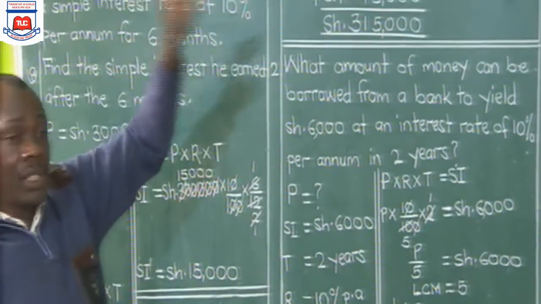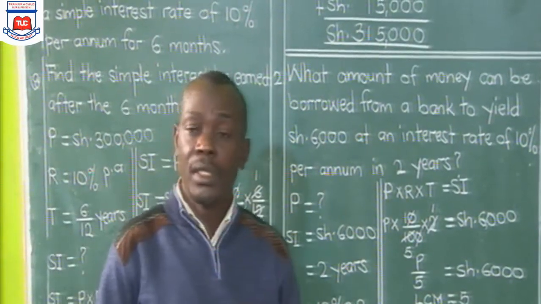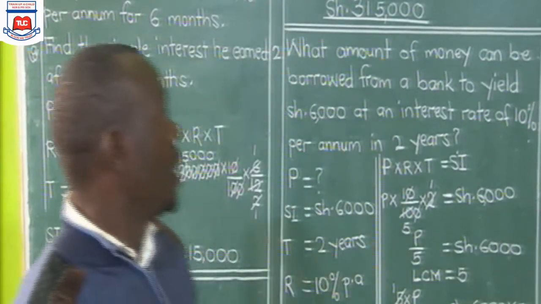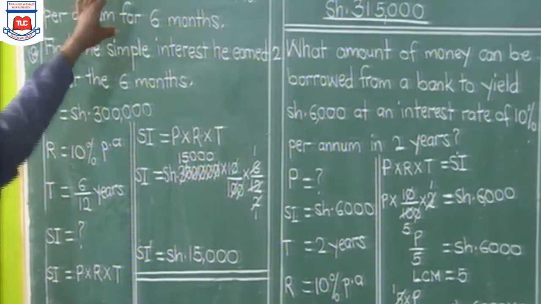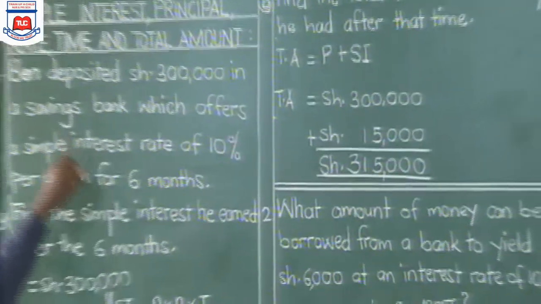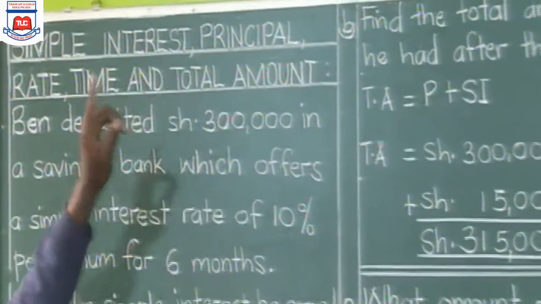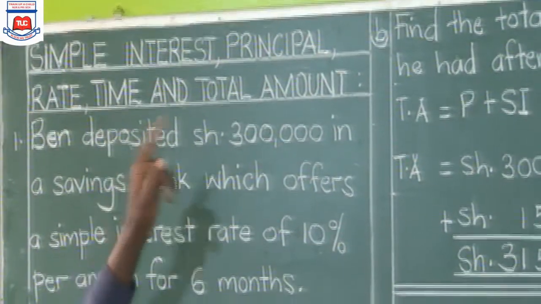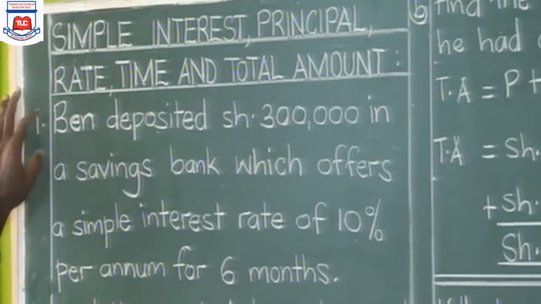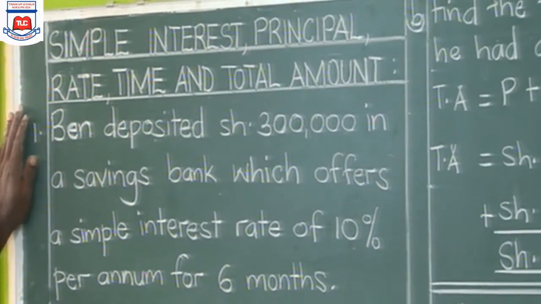So total amount is the combination of principal and simple interest. So those are the five words we are going to look at today: simple interest, principal, rate, time, and total amount. And we have the first example here.